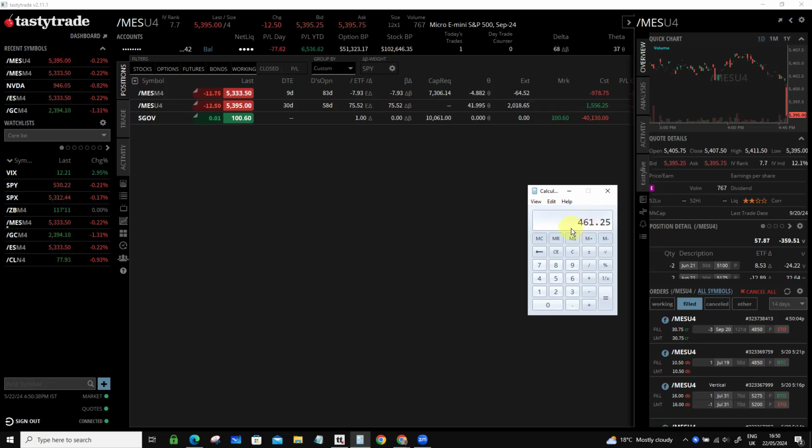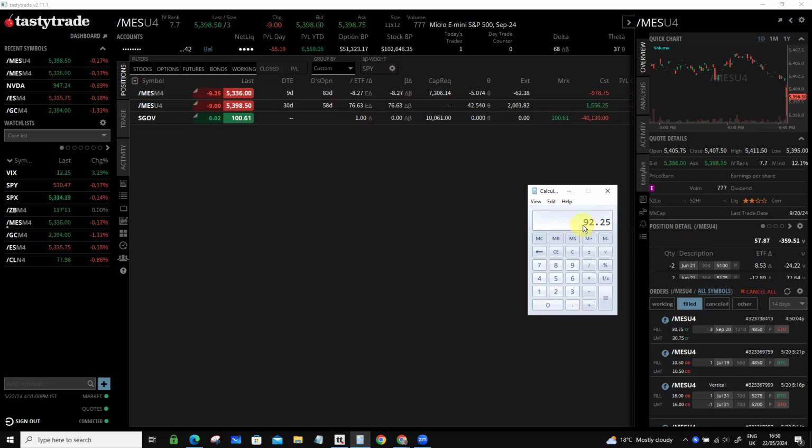So that's 460 and change. So times 0.2, that gives us approximate expenditure, including fees. So we want to stay somewhere around, call it $80 to cover for the fees and still stay under 20%.